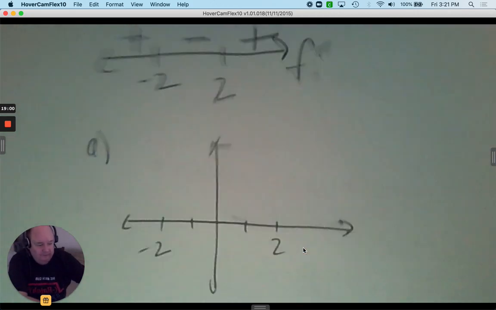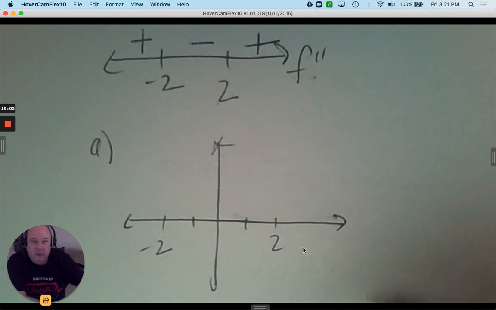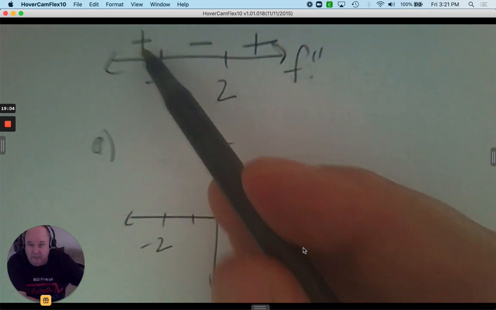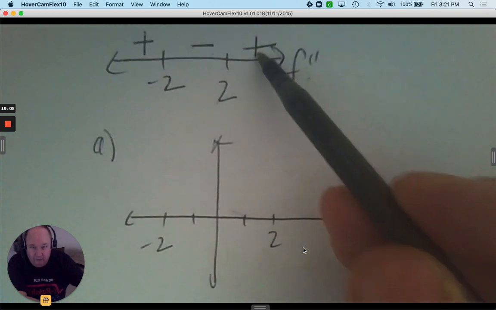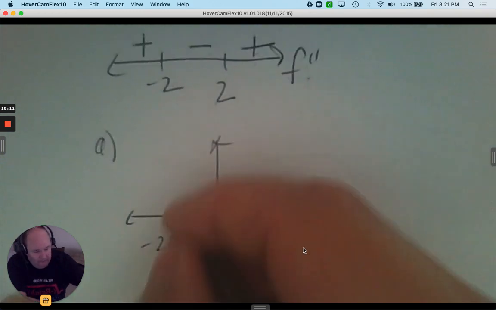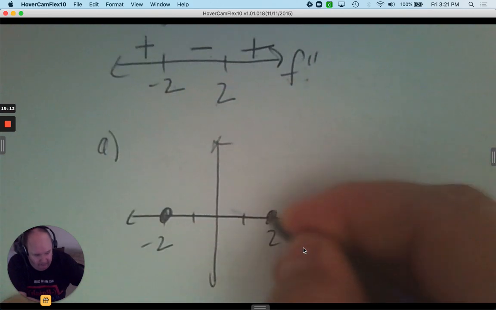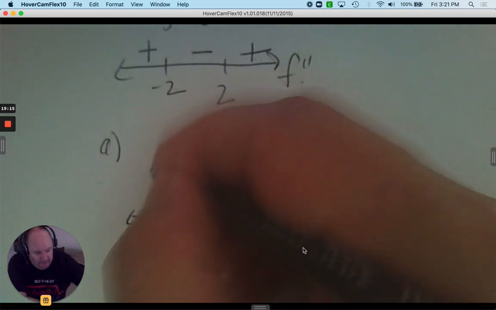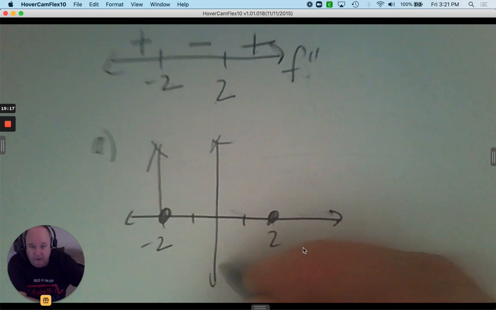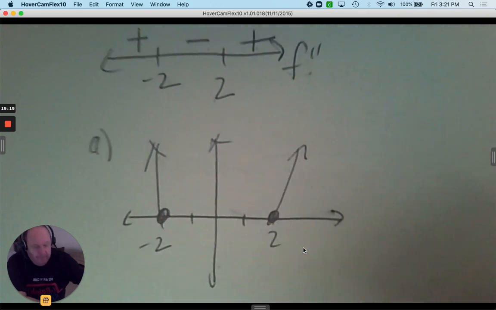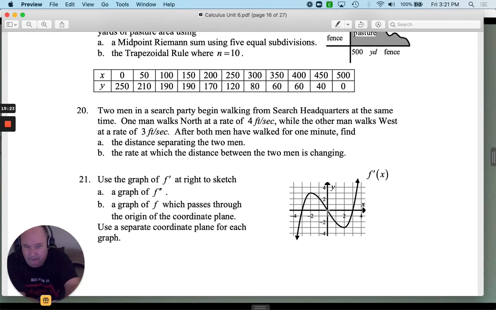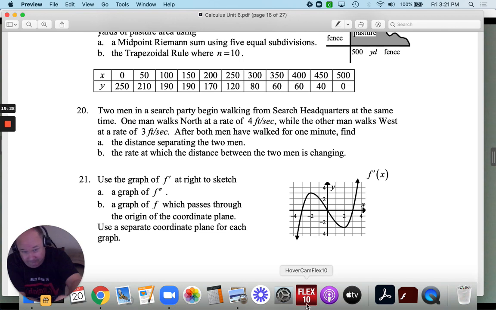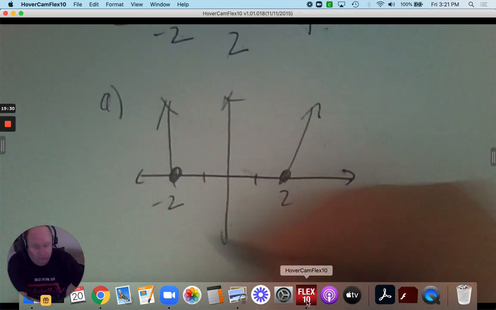That's good. And what I'm looking for is positive, negative, positive: it's above, it's below, and it's above. These are x-intercepts. So -2 and +2 are x-intercepts. It's above, and then it's below, and then it's above. If I really want to be more accurate, look, where's the point of inflection here, where it goes concave down and then changes? At 0, that's where this would turn.